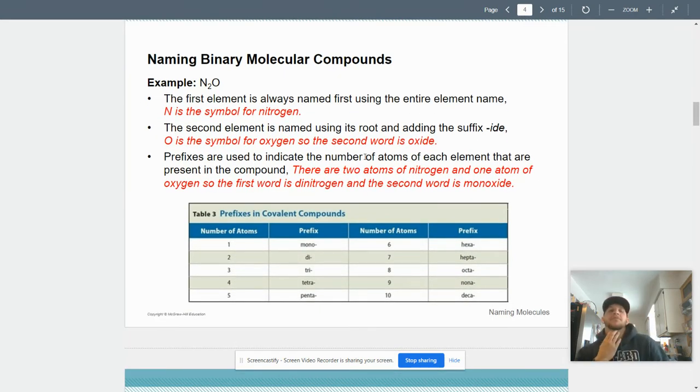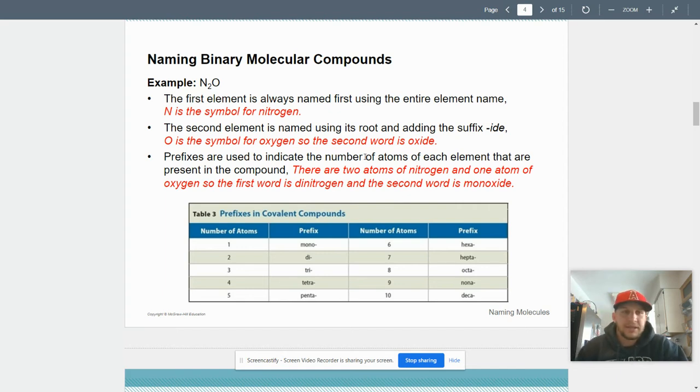So first off, talking about binary molecular compounds. Looking at N2O, we're going to talk about a couple of the rules here. Same thing as our ionic compounds, these binary molecular compounds, we're just going to say the entire element name.